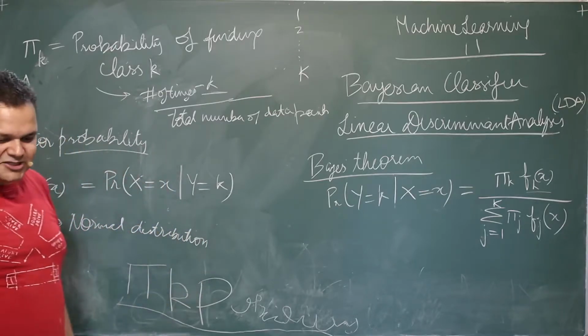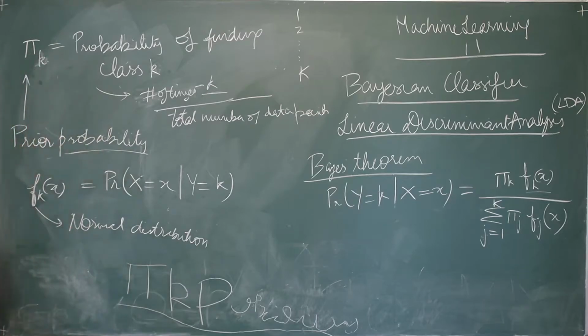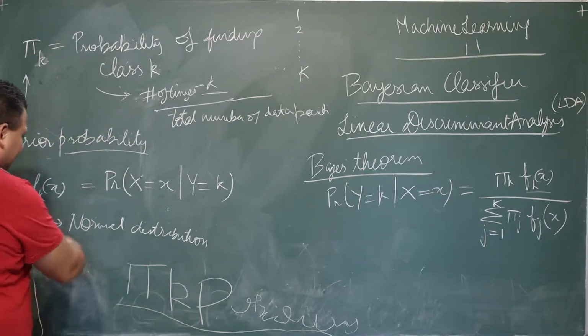What is the definition of normal distribution? What will it look like?